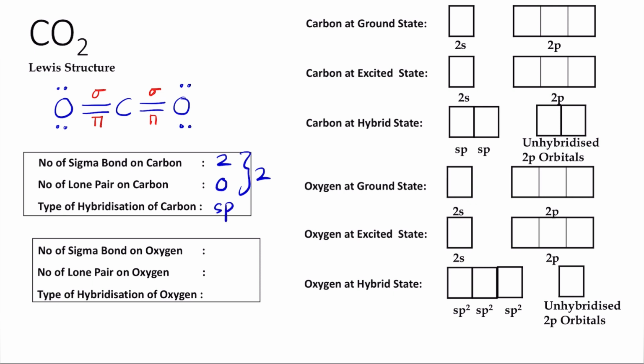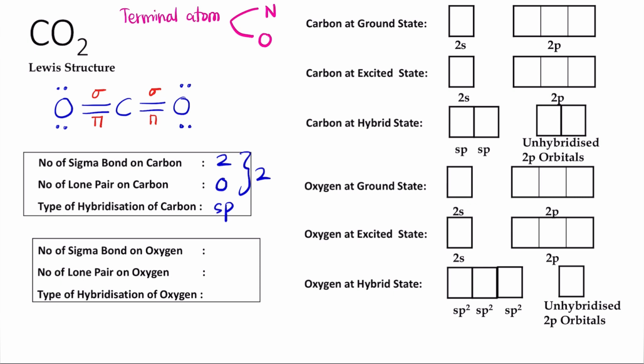Now, ada special case di mana untuk terminal atom, iaitu nitrogen dan oksigen, kita mesti tunjuk hybridization process. This is very special. Kenapa? Because kita nak tunjuk overlapping orbital to form pi bond.